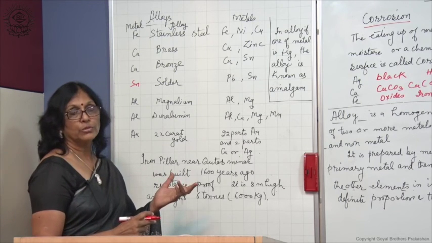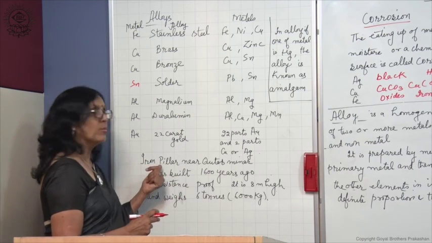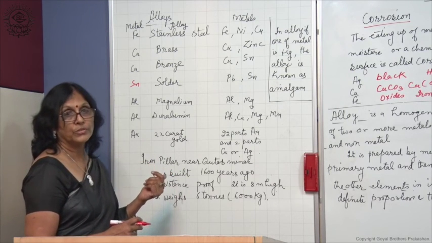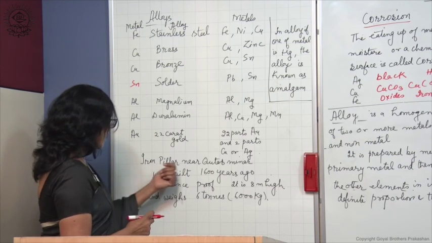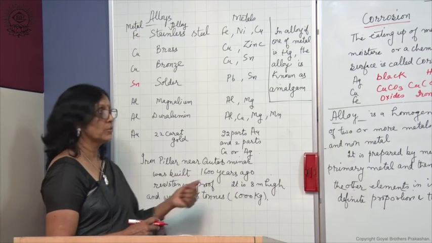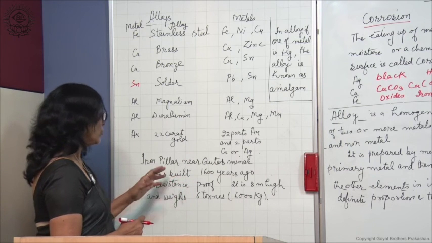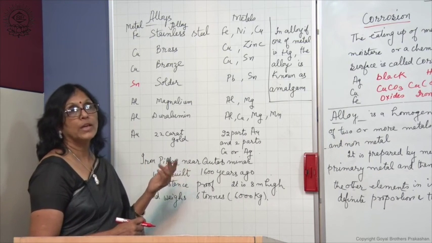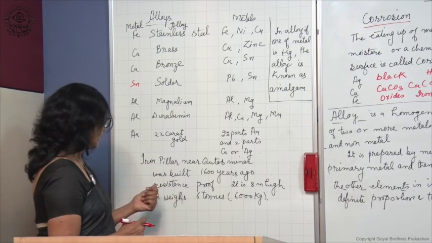In the past also, the ancient people knew about some process to prevent rusting of iron. The iron pillar near Qutub Minar was built 1600 years ago, and it is still there like that, because those iron workers knew about some process to prevent rusting.